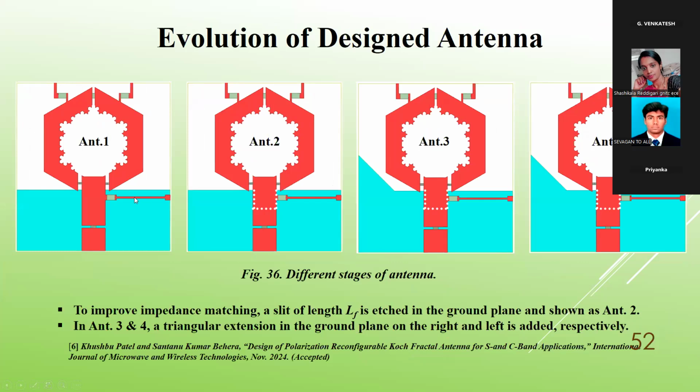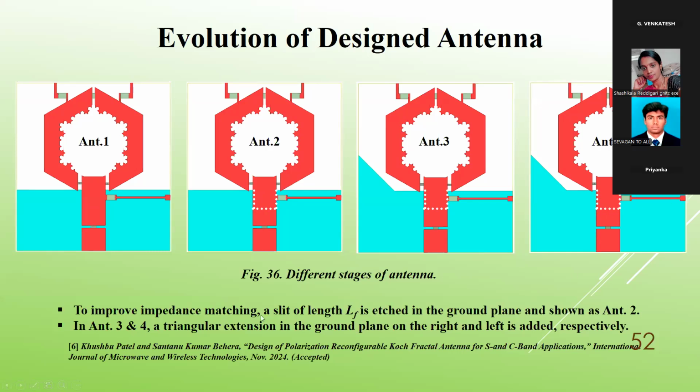So for the first case, antenna 1, this is one capacitor, one bias line, and this is a partial ground plane. In the second case, the dotted line is a slit. In the third case, on the left side she has made an extension, and in the fourth case, she has made extensions on both sides.